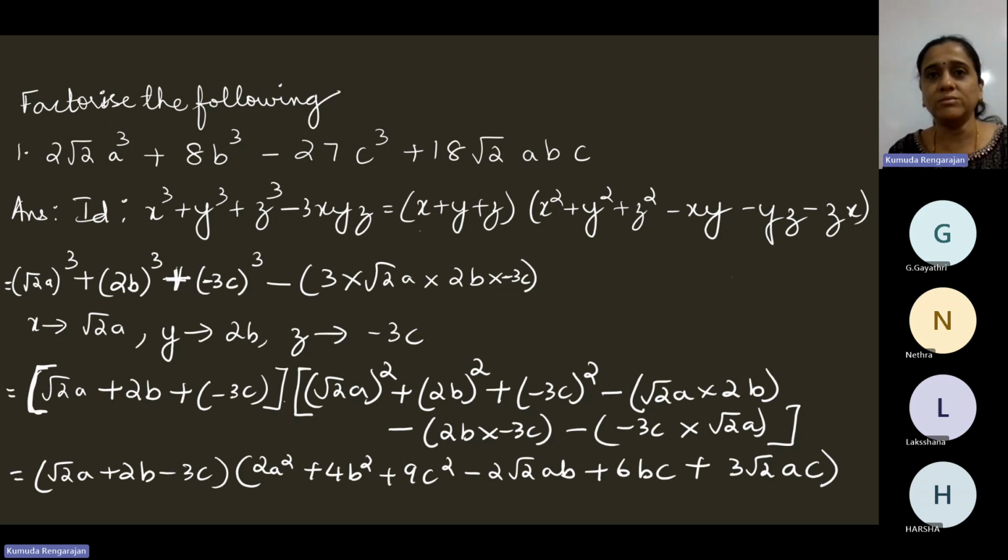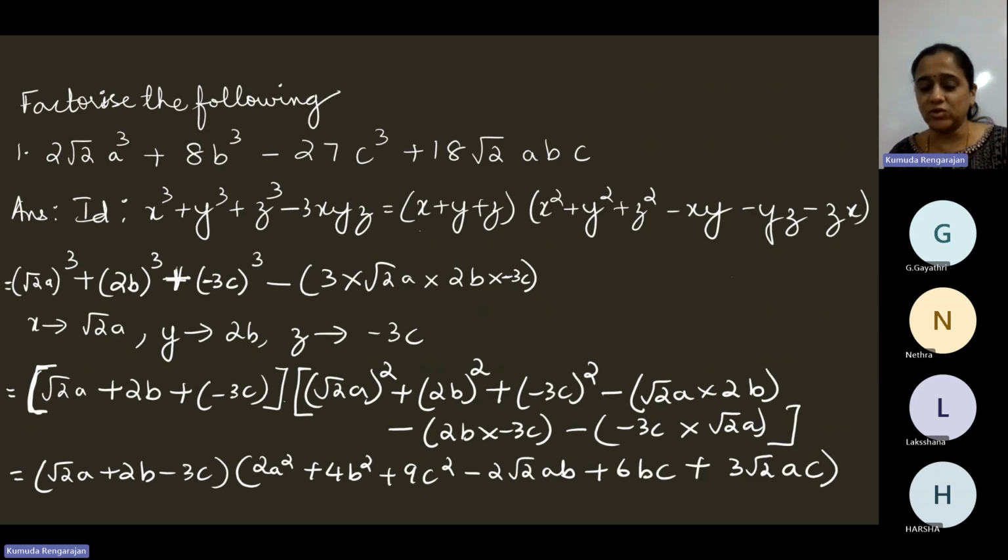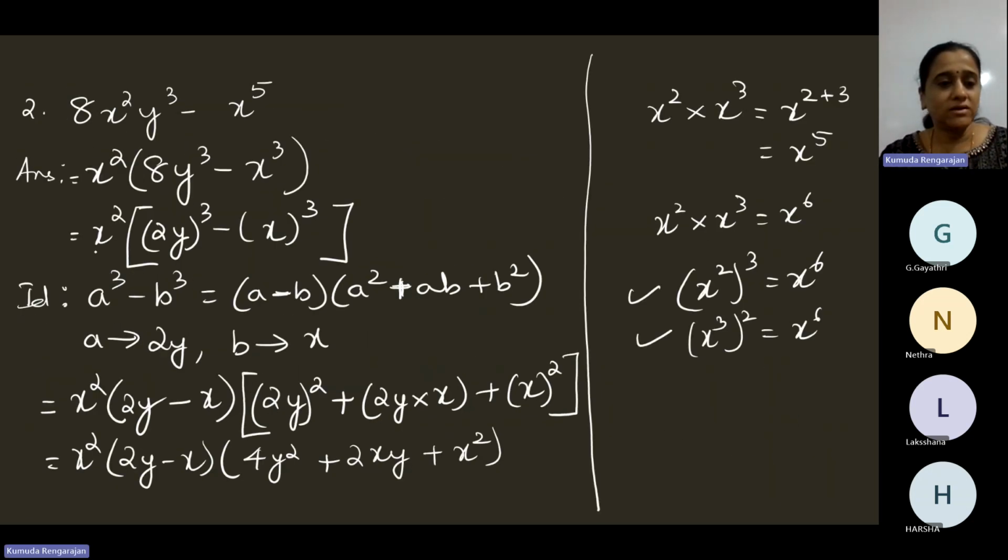Then a cubed minus b cubed has only 2 terms, both perfect cubes. Every identity is unique. No confusion. 4 terms, 3 perfect cubes here; here 2 terms and both are perfect cubes.